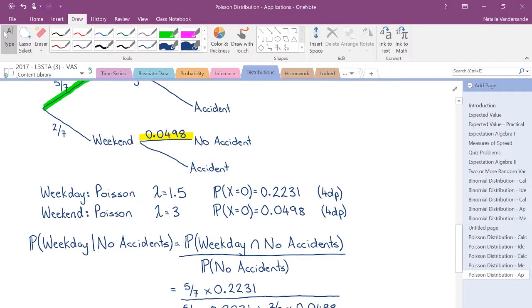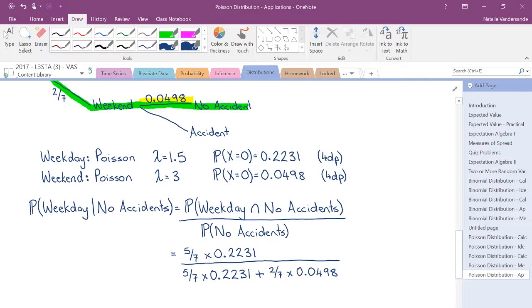And the bottom line is following the pathway we highlighted before, added to this pathway here. So both pathways ending with no accidents.